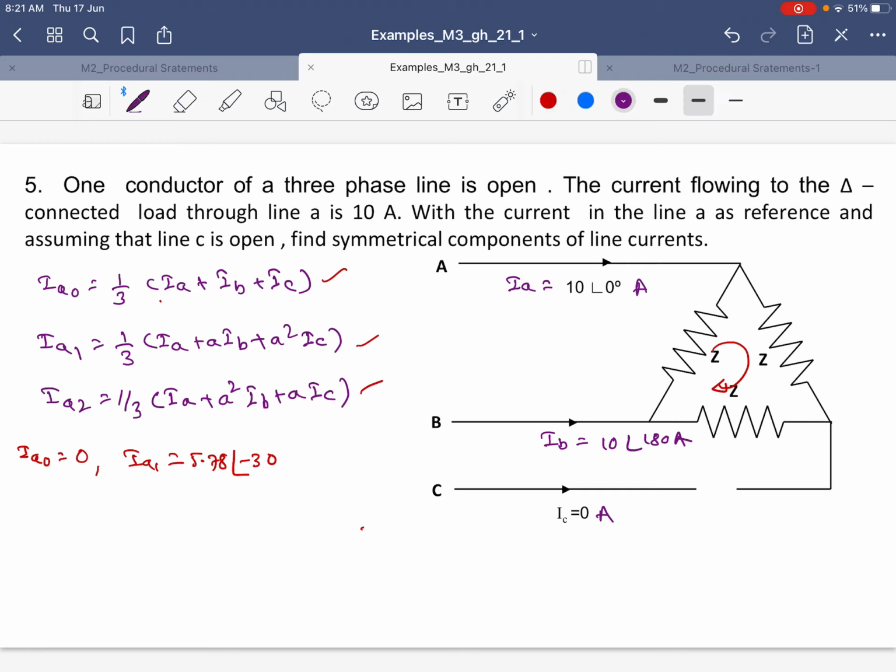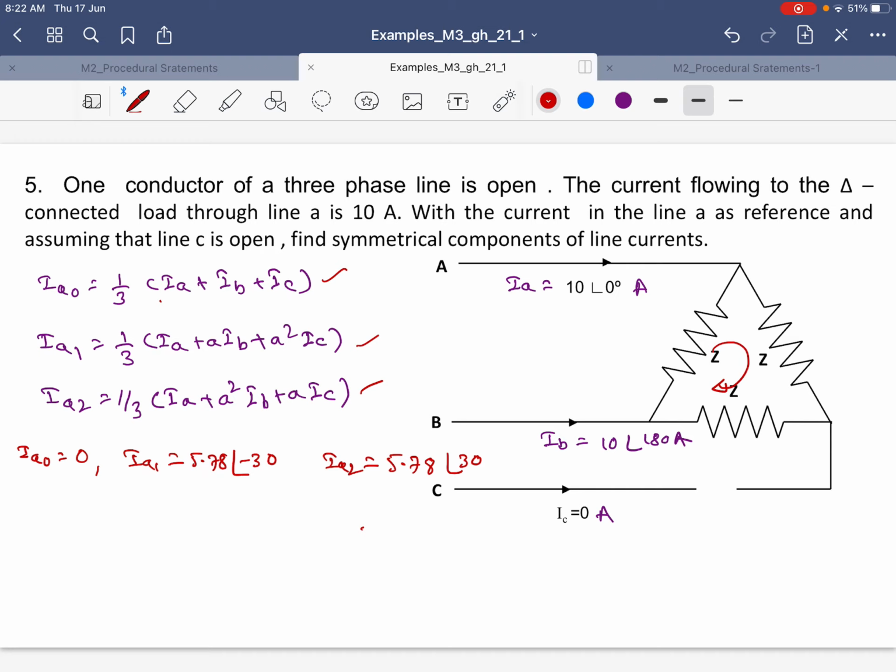Next, what I am calculating here is IA2. To get the value of IA2, once again I am substituting the values of IA, IB, IC and the a-squared, a values in this equation. Therefore, I am getting IA2 as 5.78 at an angle of 30.